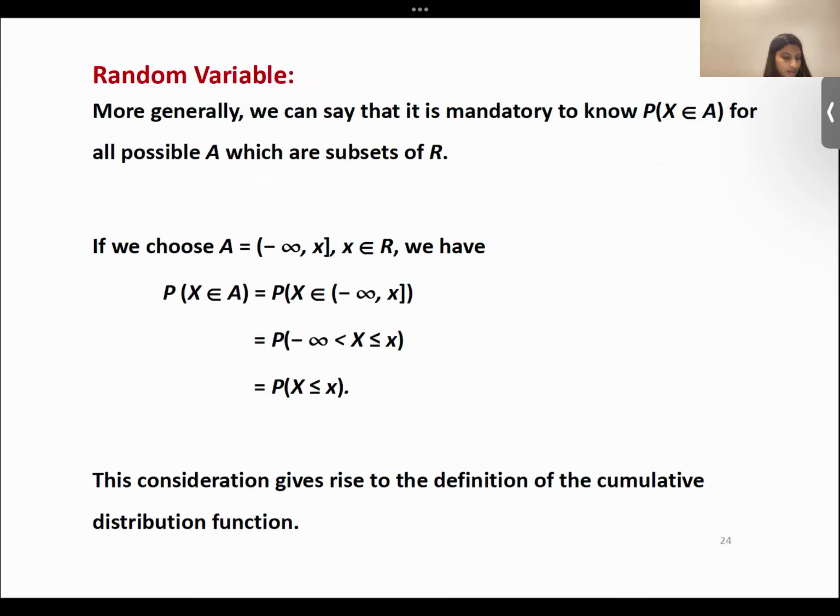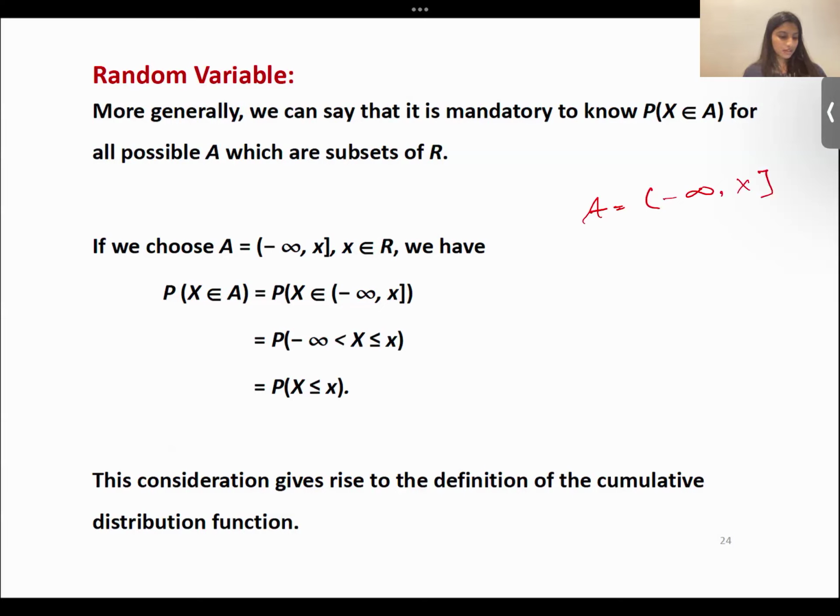Now let's define the probability functions to summarize these random variables. We choose some event A, which ranges between minus infinity and x.